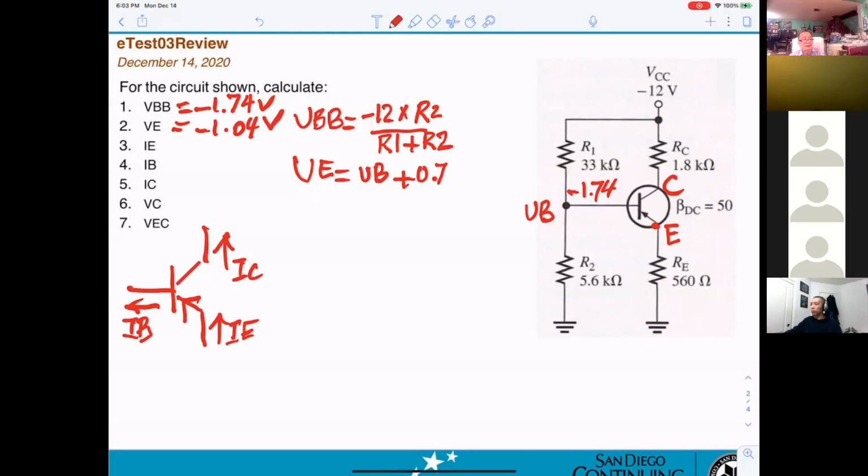And after you get the VE, then you calculate the IE. IE will be equal to VE divided by RE.